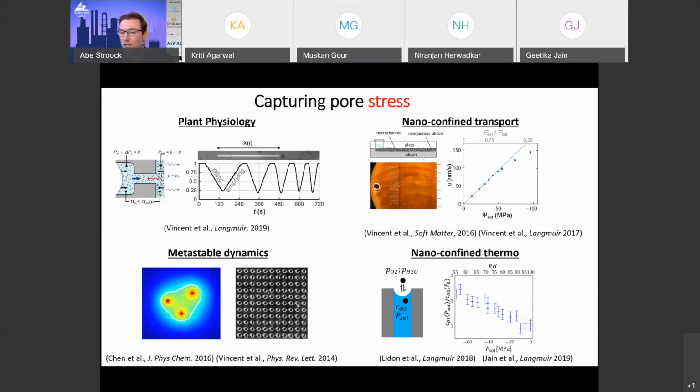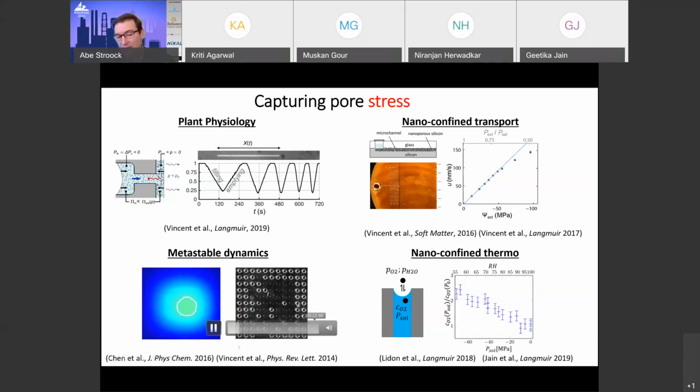We now use a porous silicon that gives us a few nanometer scale pores. Since we can create, with this drying stress, hundreds of atmospheres of negative stress, we can start to move liquids through tiny nano confinement and understand how nanoscale transport occurs.